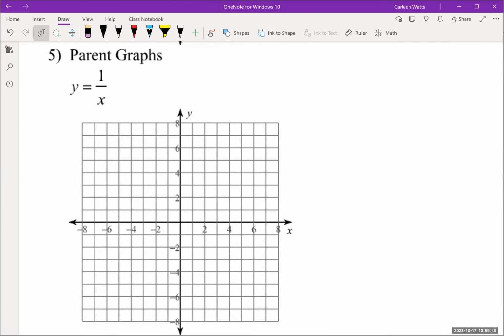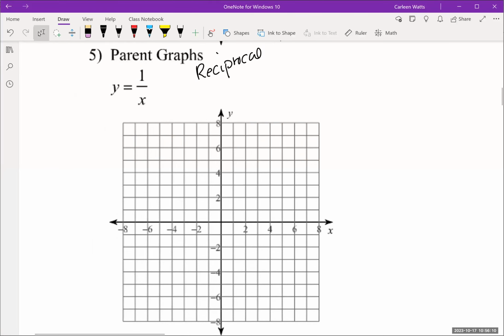This is called, some books call it the reciprocal graph. Sometimes it's called the hyperbola. Let's make a table. Now, what I call this is, let's talk about the parent.